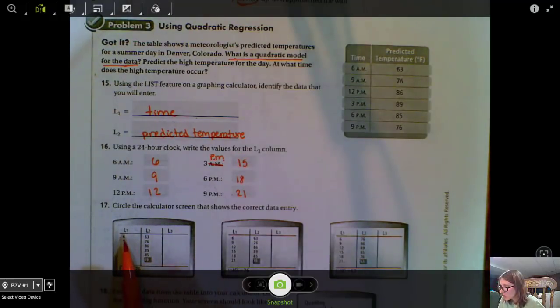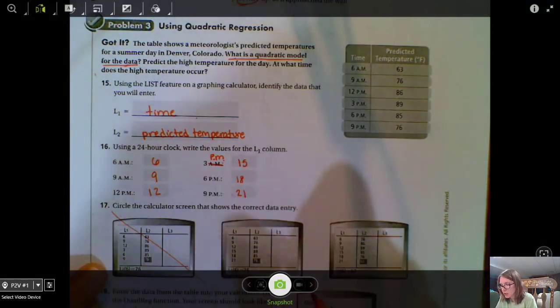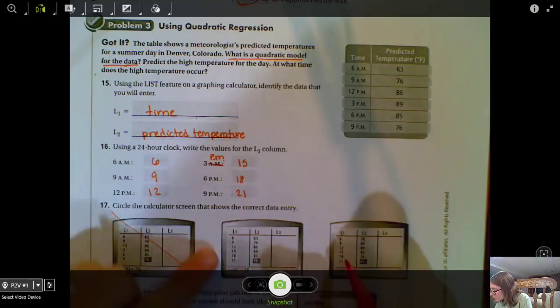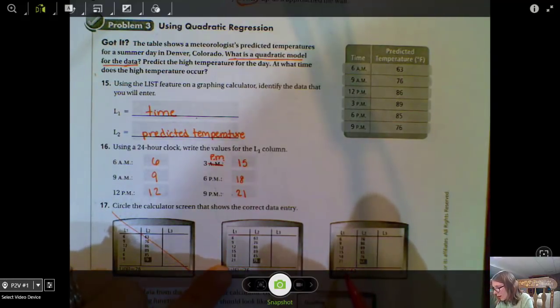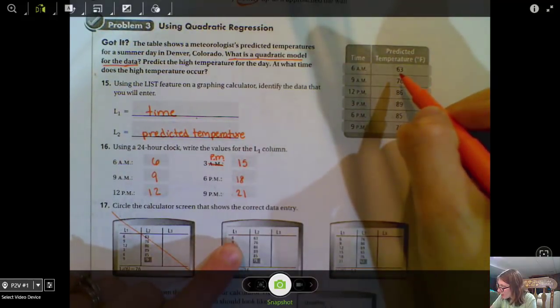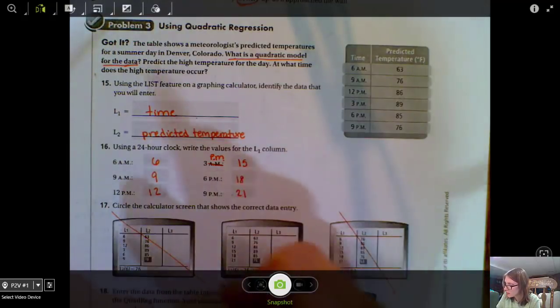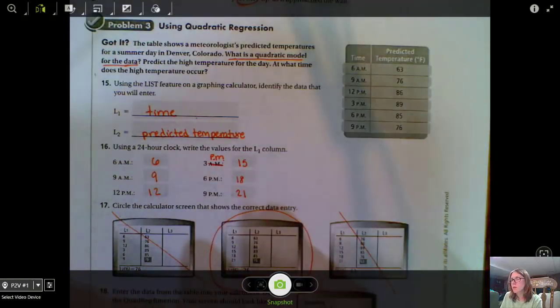We already said we had to change to the 24-hour clock, and that eliminates our first option here. Between these two, our x values, 6, 9, 12, 15, 18, 21, are the same. At 6 a.m. though, our temperature was 63 degrees, not 76. So our middle screen is what our calculator should look like.